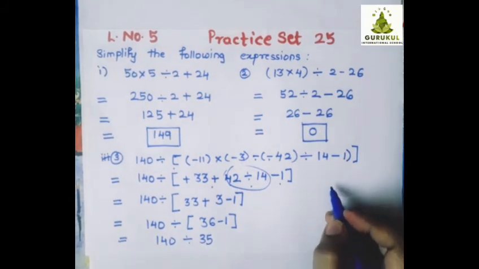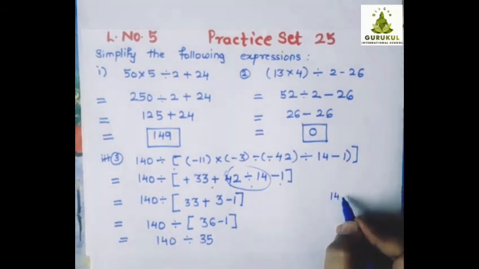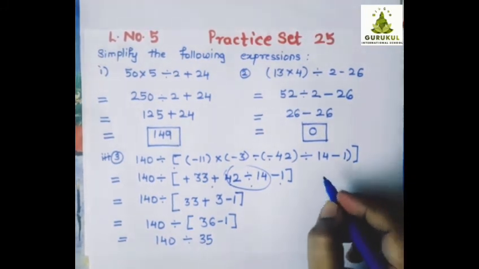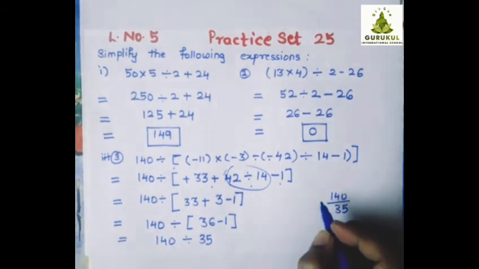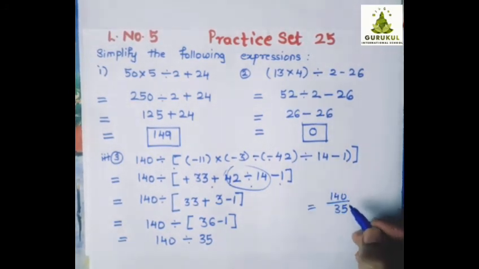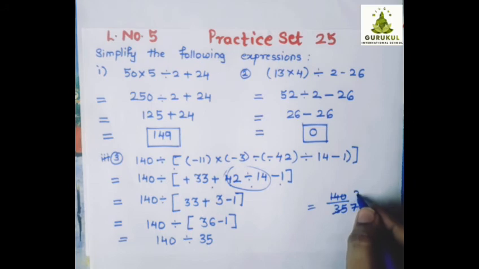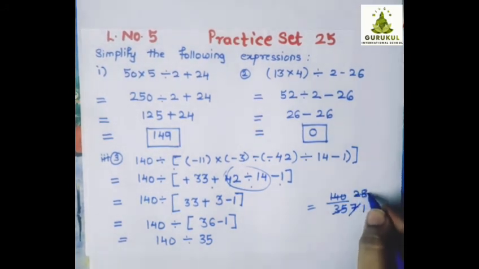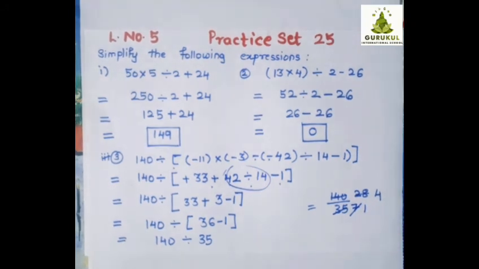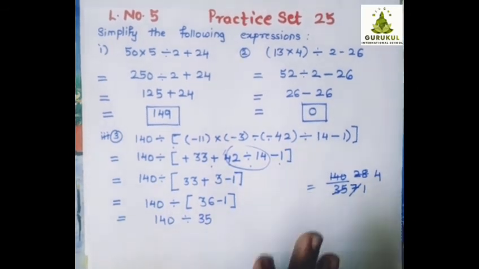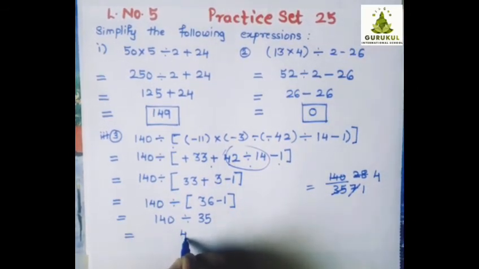If you do the rough work, to find out this answer, we have to do the division, either in our regular method or this cancellation method. 5 7s are 35, 5 2s are 10, 5 8s are 40, 7 1s are 7, 7 4s are 28. So what is remaining? 4. So the final answer we get in this one is 4.